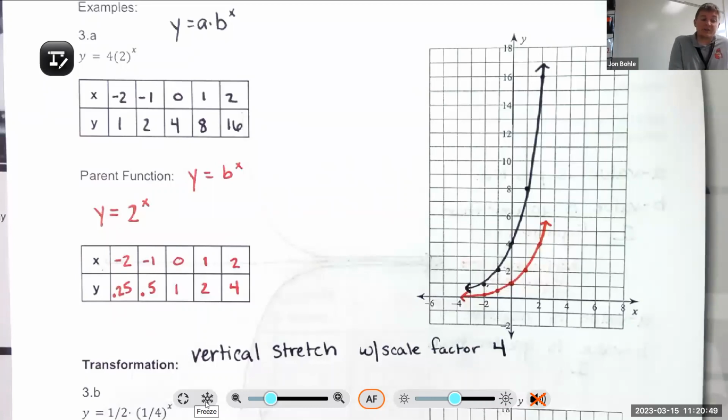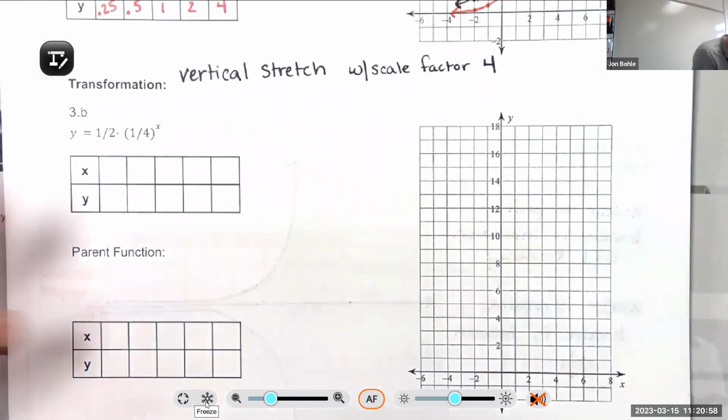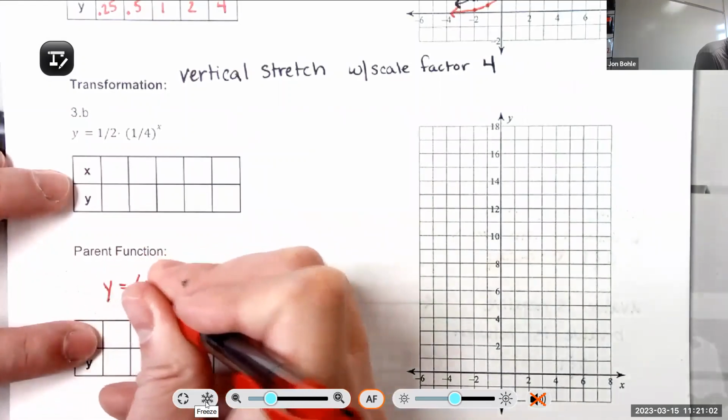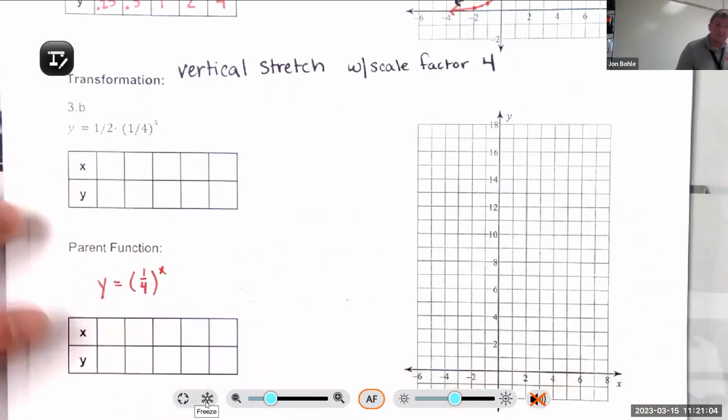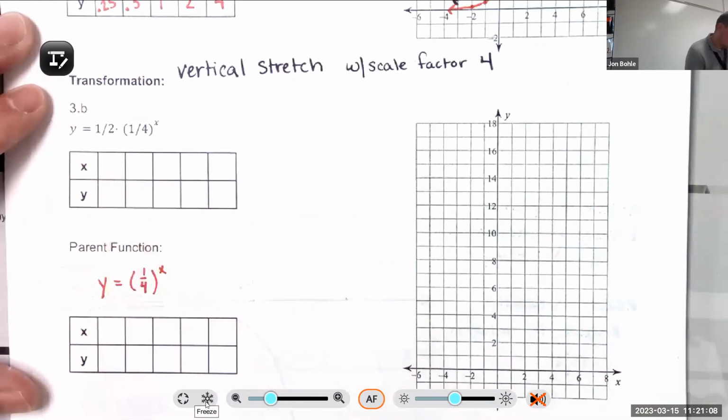Okay, this is what I want us to do between now and lunch. It's going to be pretty short. I'm going to give you the parent function. I'll show you how to do the first one, and I want you to try to graph that before you leave. Your parent function is just the b value raised to the x power. So this is your parent function of this one.